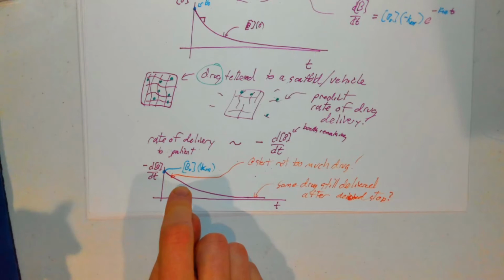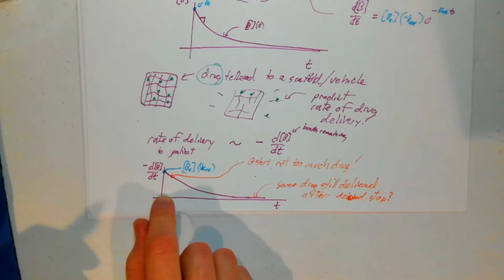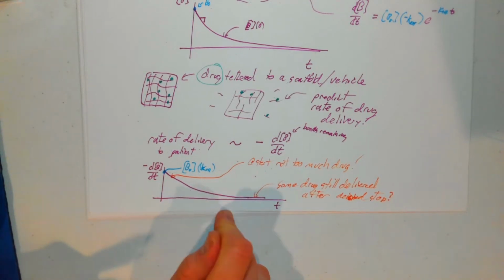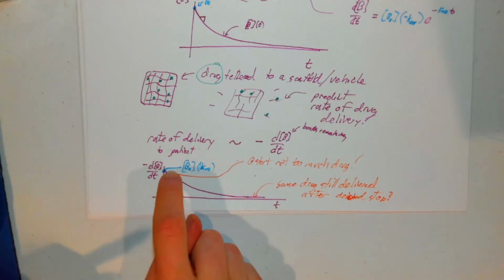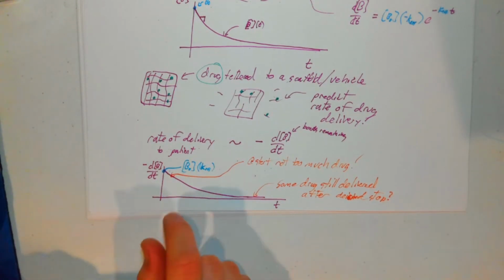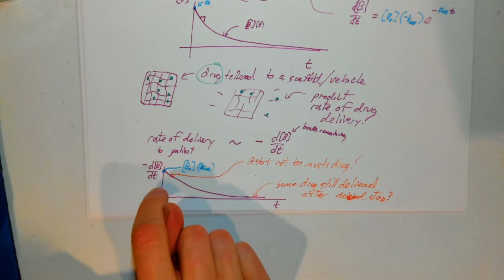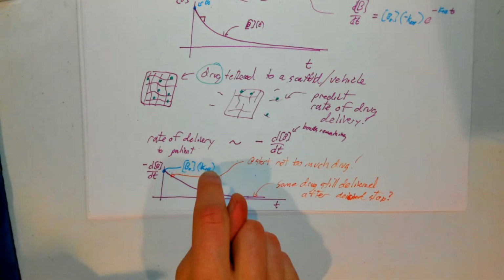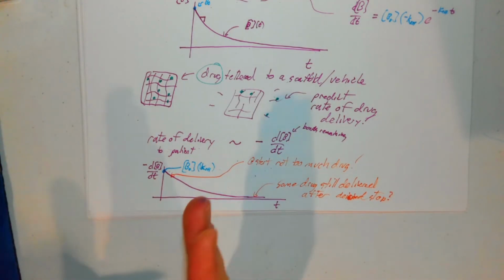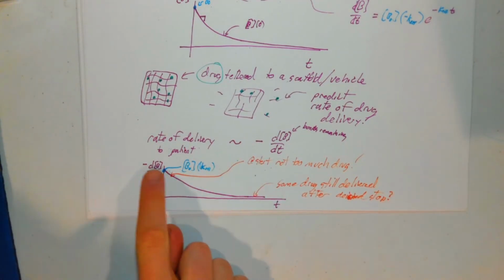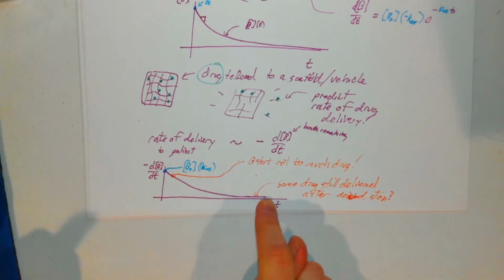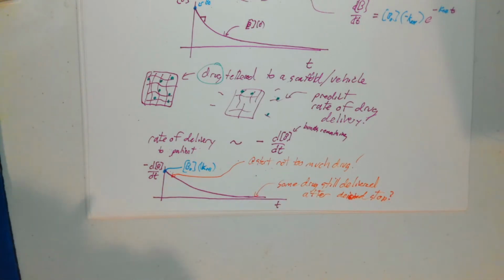Well, I don't want to start to get my headache symptoms back just a little bit of time into my dose, and I certainly don't want to give myself a toxic amount of that dose at the beginning, right? I basically want the drug delivery rate to be constant for a while, and then to basically suddenly stop right around the time it's time for me to take my next dose. I don't want these sort of tails to basically carry over long after I give it.